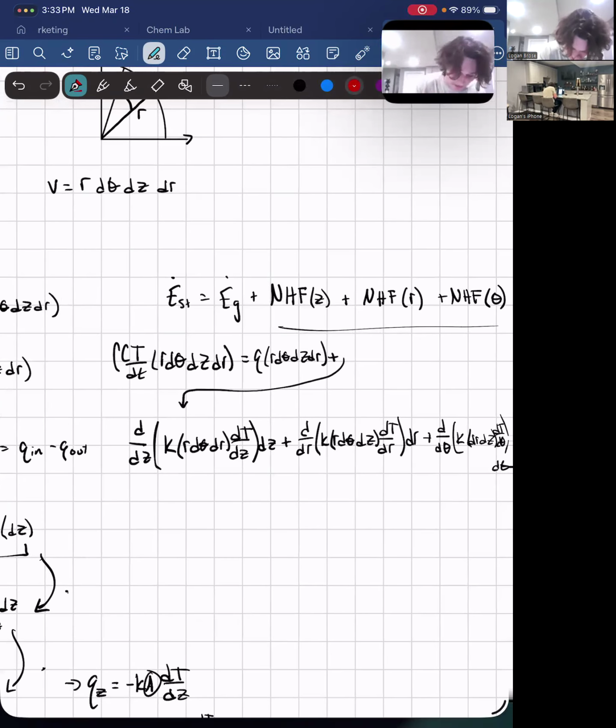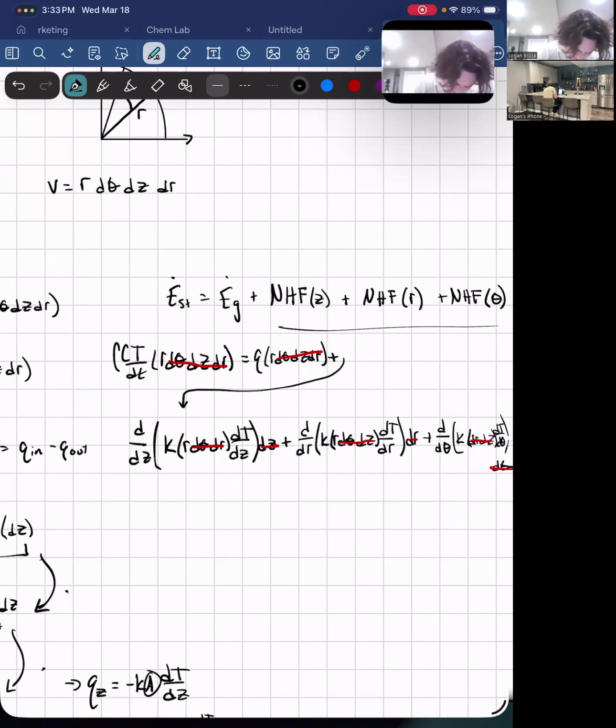We have our volume term in each of these, so we can cancel out everything in this parentheses except the r. We leave the r in each of these because our r can't cancel out in these equations down here. But we are able to cancel out the d theta, dz, dr. We do that for each equation, which then simplifies it down.